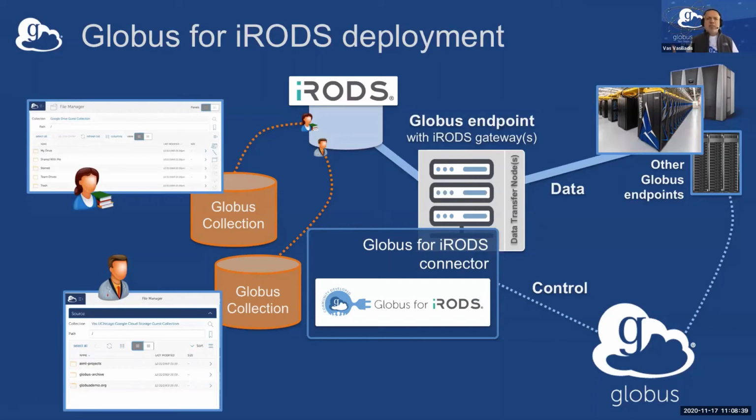And that then makes the underlying iRODS managed storage accessible via the Globus service. And so then users can come along and access what we call Globus collections, supported by the iRODS system, and move and share those across with other users and move them to other endpoints as well.